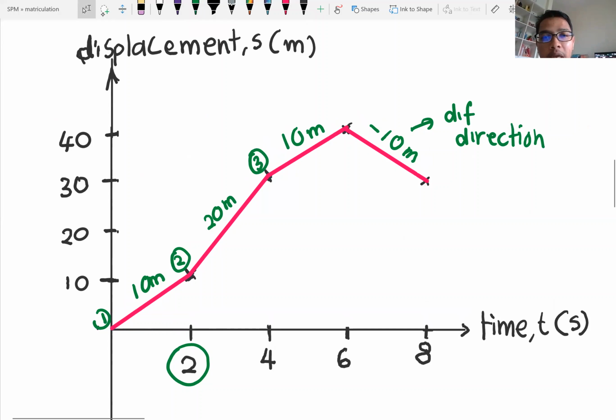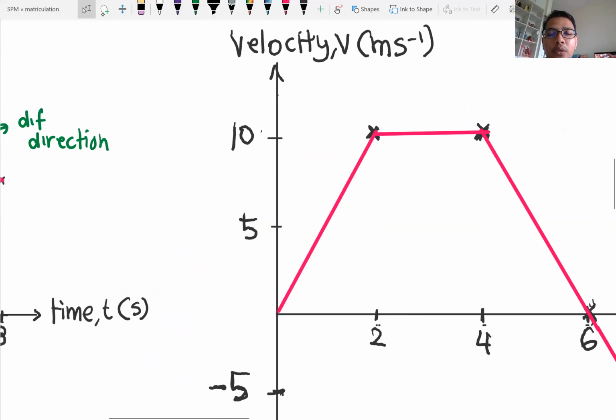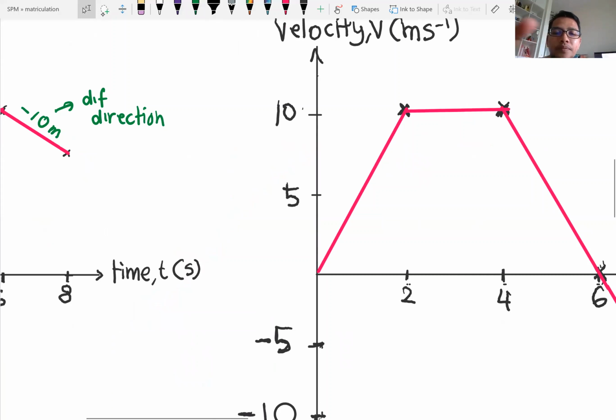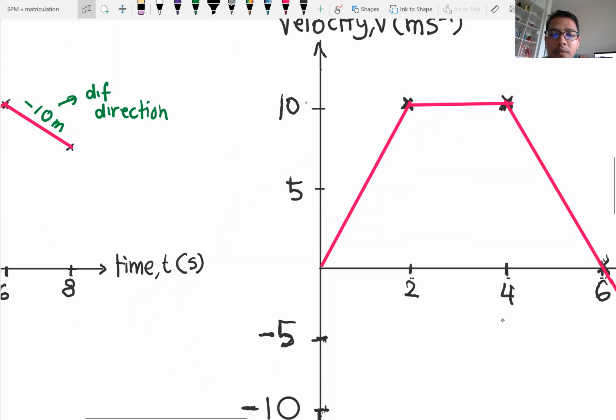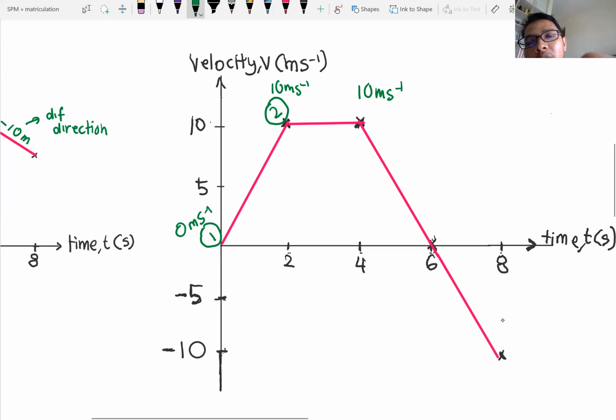And also there's a change in velocity, so we can plot a velocity time graph. So this is the velocity time graph. From position number 1 to position number 2, the velocity changed from 0 meter per second to 10 meter per second in 2 seconds. Then it moved with 10 meter per second, still with 10 meter per second for another 2 seconds.